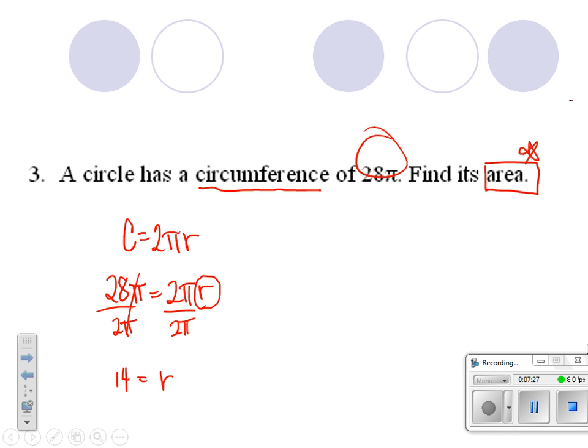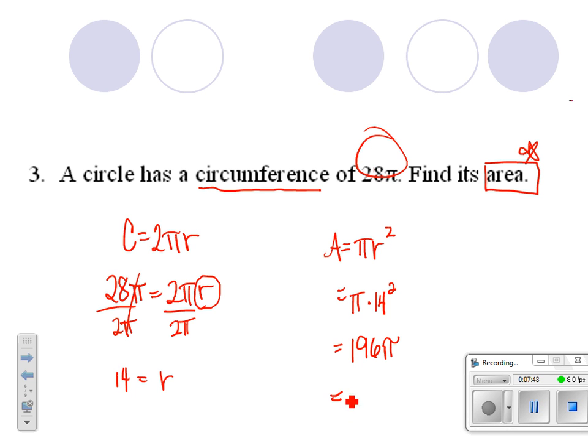And so now if I know the radius, I can go ahead and find the area. So area is pi r squared. Radius is 14. So 14 squared times pi would be 196 pi.